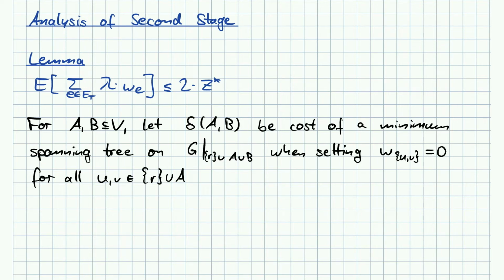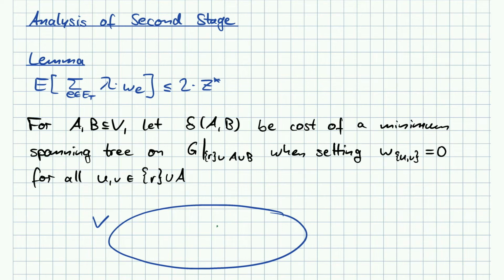So the way we can think about this is we have all vertices V. And within that we have some vertices A. Let's also say that R is within A. And then we'll have some other vertices B. Now here within A, connecting everything is for free.